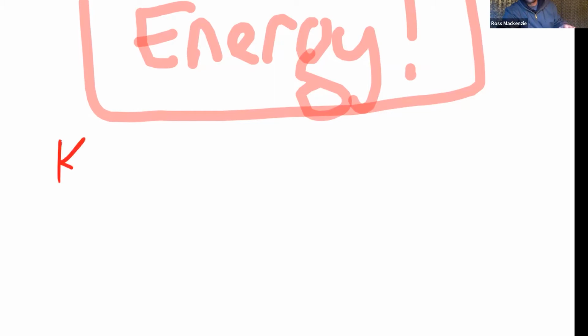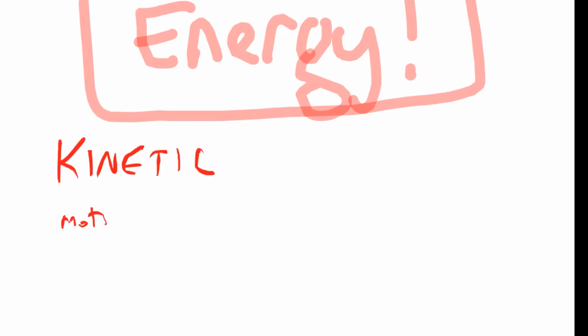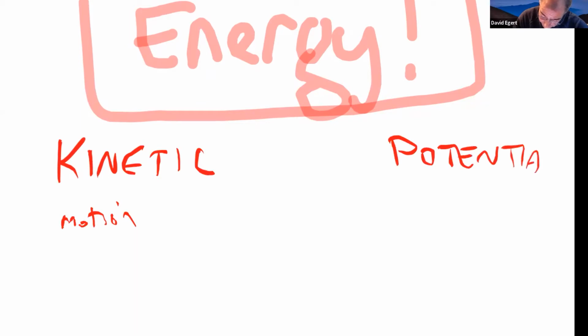So we talk about kinetic energy, energy of motion. Chemical. And potential. Chemical energy is a subtype of potential energy, which is basically stored energy.